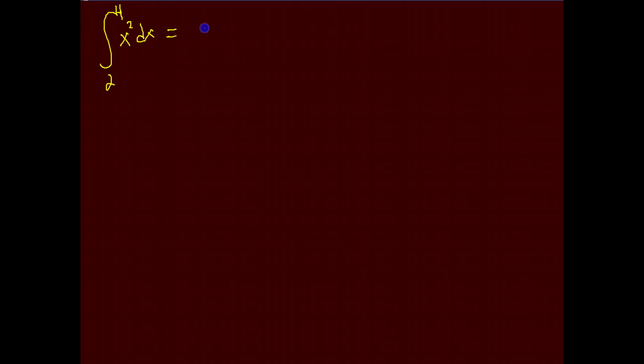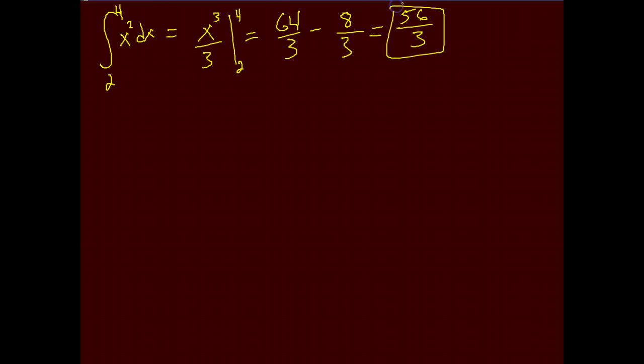This would equal x cubed over 3 evaluated from 2 to 4. That gives us 4 cubed divided by 3, so 64 over 3, minus 2 cubed divided by 3, which is 8 over 3. So that gives us 56 thirds. Okay, so we know the exact answer is 56 thirds.